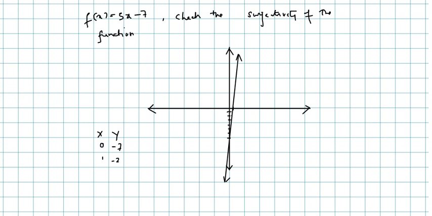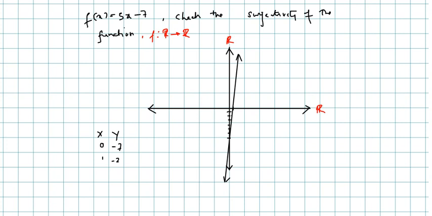Now, if you look closely, the function goes from real to real. That means y values are all real and x values are all real. You can see that all the values of y have a value of x.